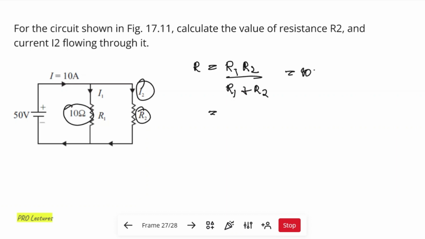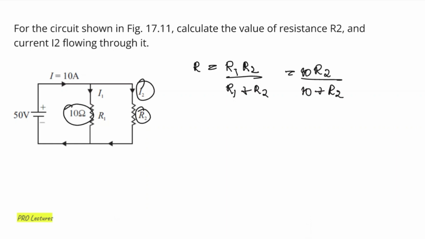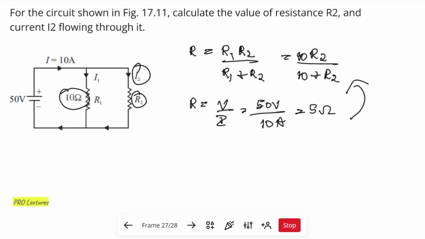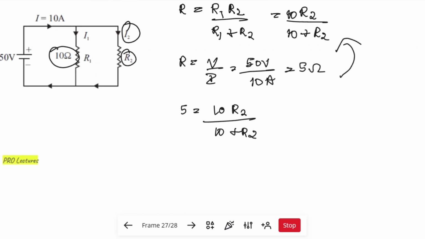So 10 R2 by 10 plus R2. From Ohm's law, we can calculate the equivalent resistance R equal to V by I. V is 50 volt, I is 10 ampere, so R is 5 ohm. Substituting this here, 5 is equal to 10 R2 by 10 plus R2.